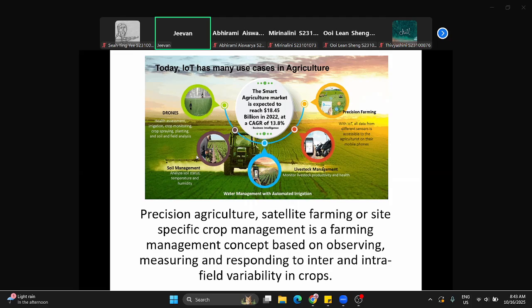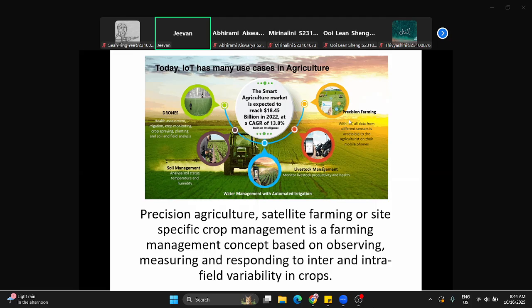For example, drones can relay information to the server about the health of the plants, right? And sensors in the soil can send information to the server about the soil's pH, humidity, and these sorts of things.